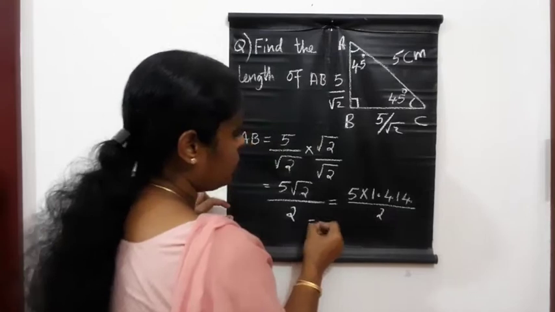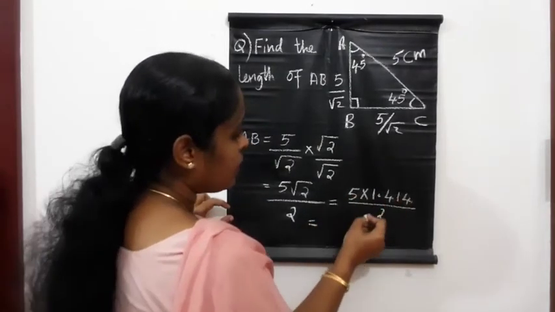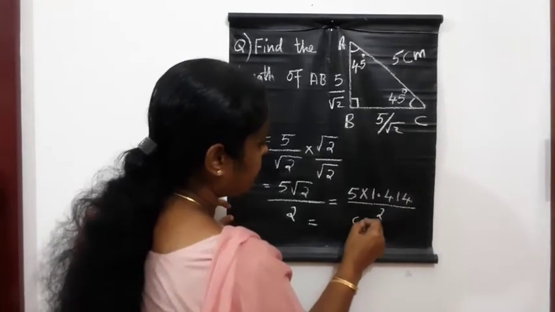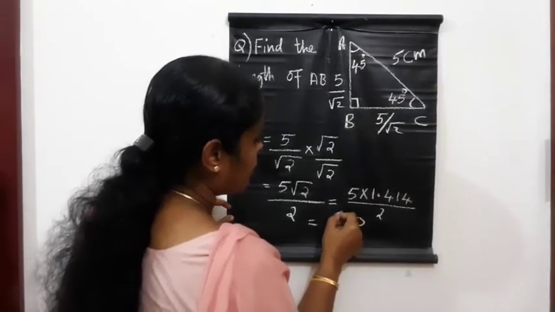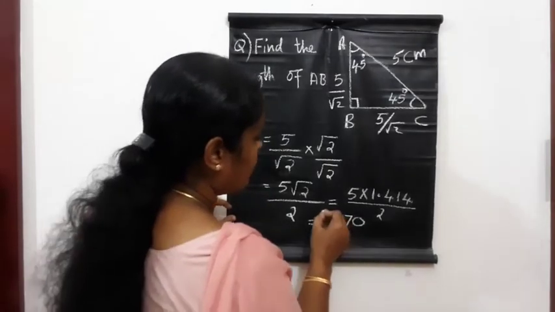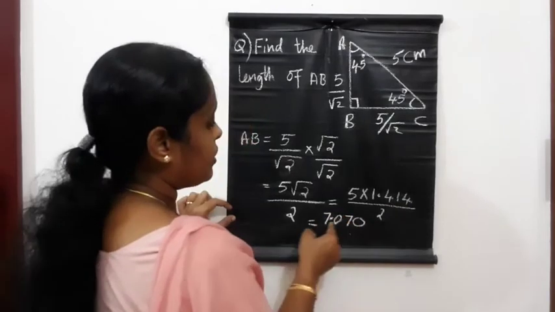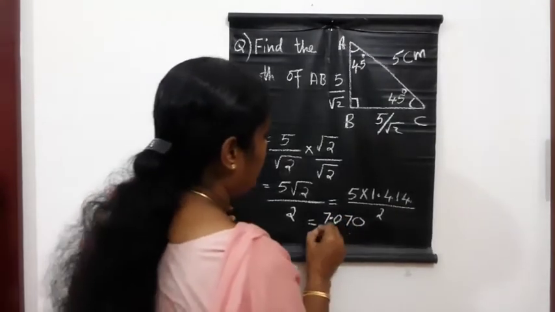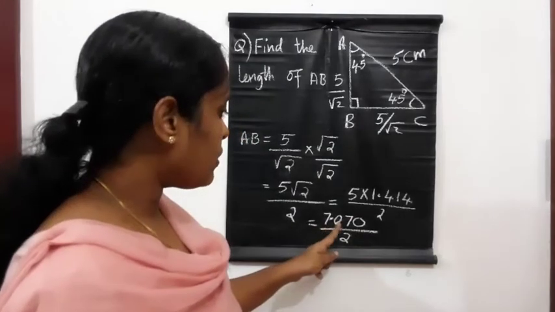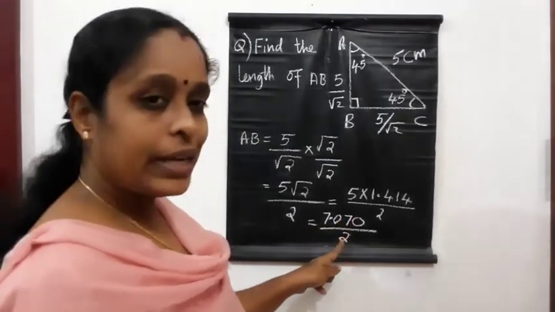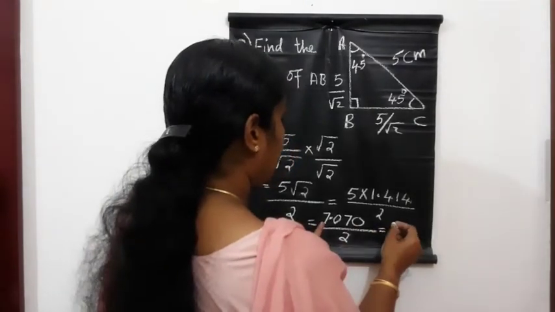This is equal to 5 into 1.414, that is, after 3 points I put the decimal, 7.070 by 2.